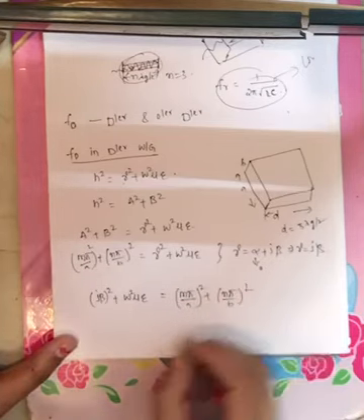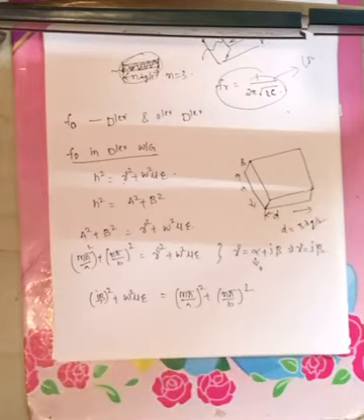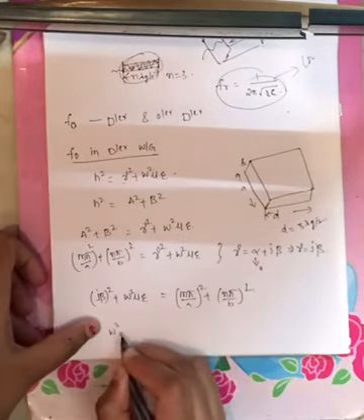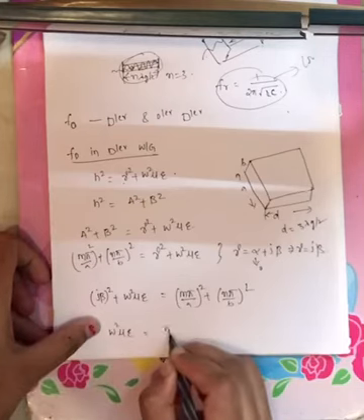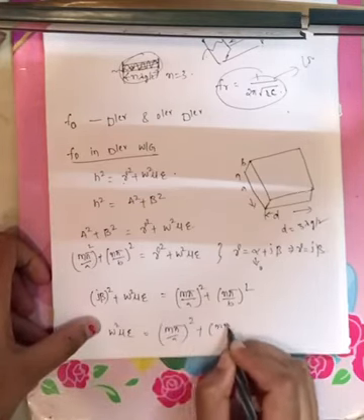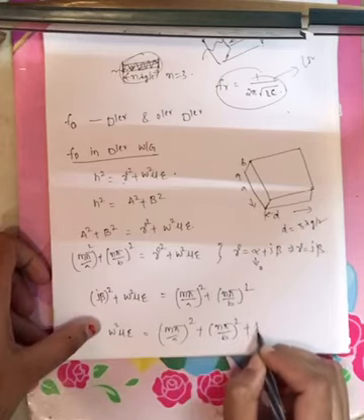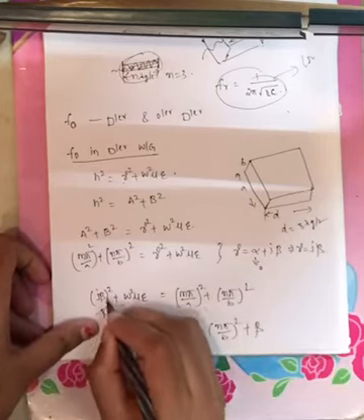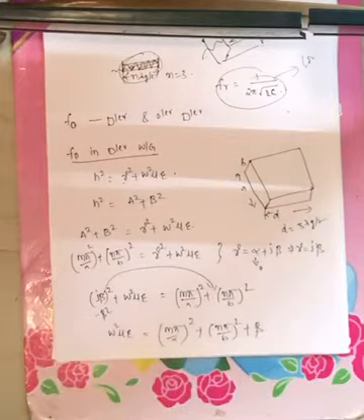Now expand this. Now what will you get here? Omega square mu epsilon equals m pi by a whole square plus n pi by b whole square, plus here you will have minus beta square, bring this to this side, that's why you will get plus beta square, right?